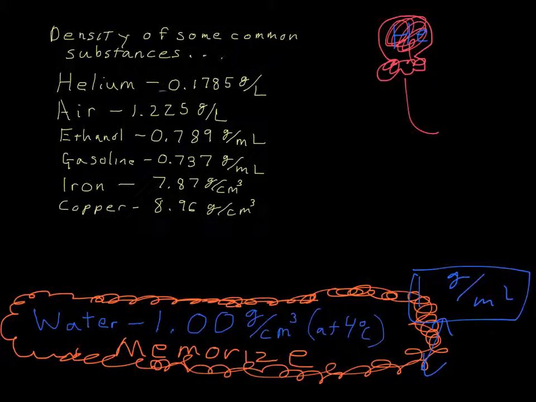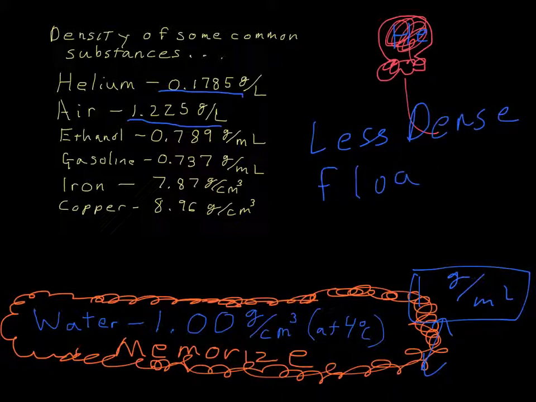What's the density of helium? What's the density of air? Helium's density is less than the density of air. And anything that is less dense will float on anything that is more dense.